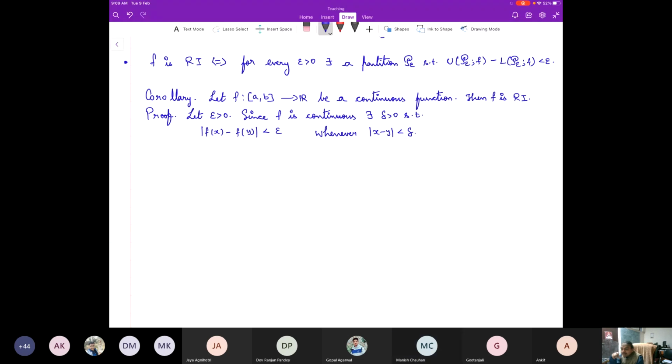How will you choose your n? Such that every subinterval is smaller than delta. Yes, every partition shall be less than delta. Choose any partition such that the maximum width that you can expect is less than delta.